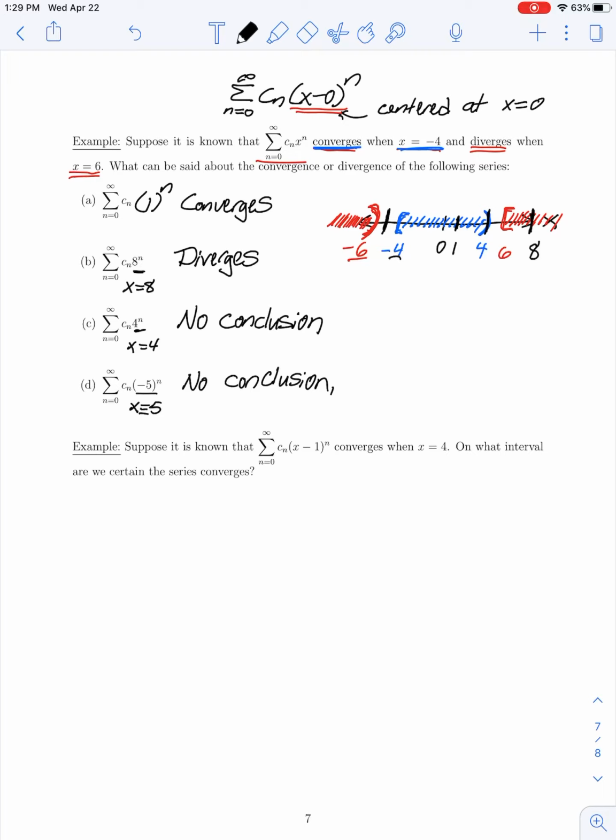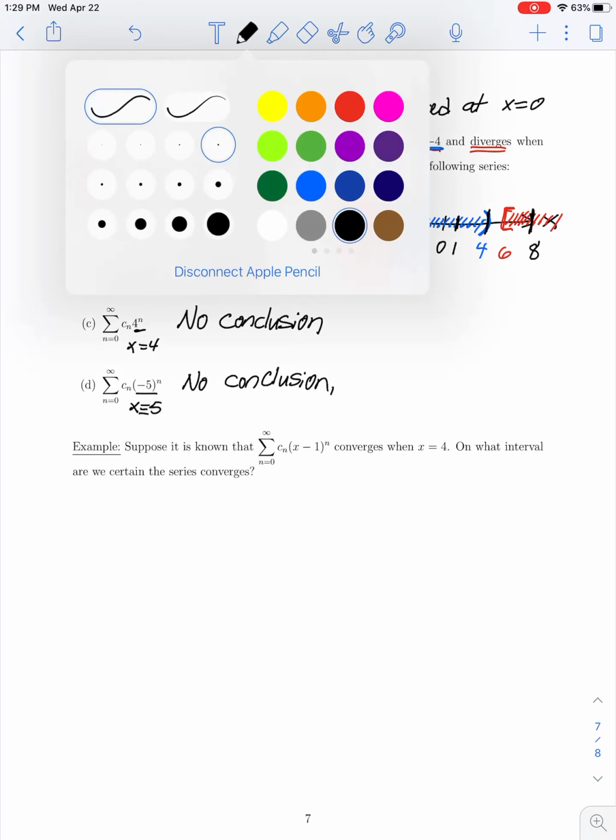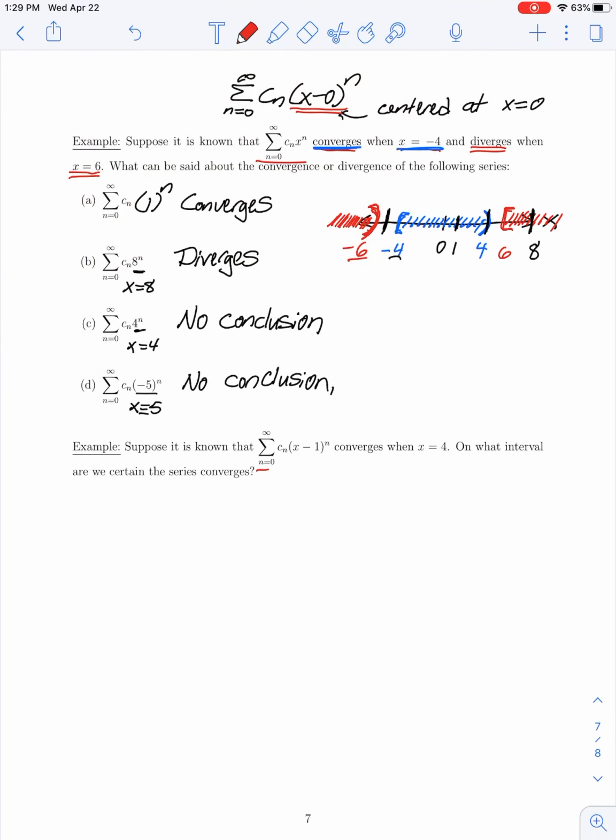So let's look at one last example that's similar to that. In our last one, we have the sum from 0 to infinity of c sub n times x minus 1 to the nth. So this power series is centered at x equals 1, and we're told it converges when x equals 4.